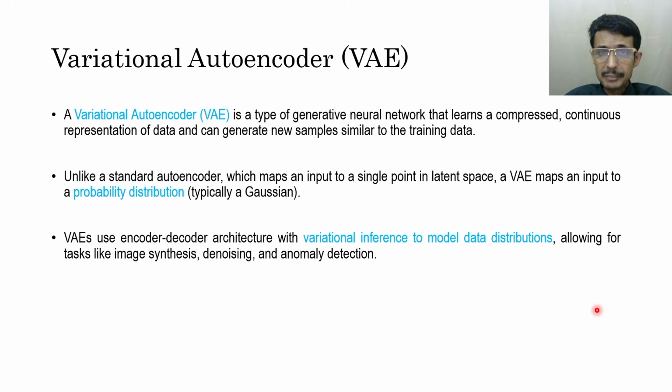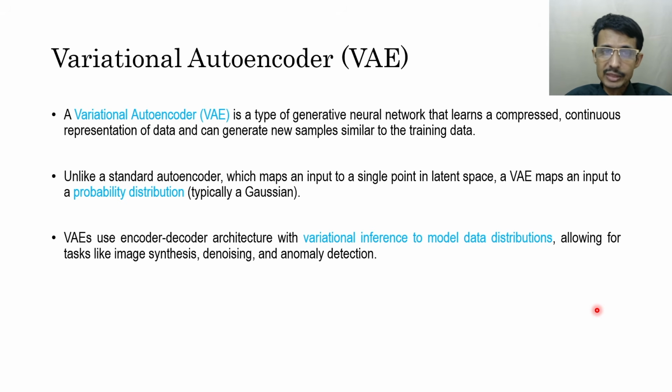That's why it maps the input to a single point in latent space. The variational autoencoder maps an input to a probability distribution as the latent distribution. Typically, it's a Gaussian distribution. See here. When we elaborate in the later part of this course, we can understand what exactly that means.